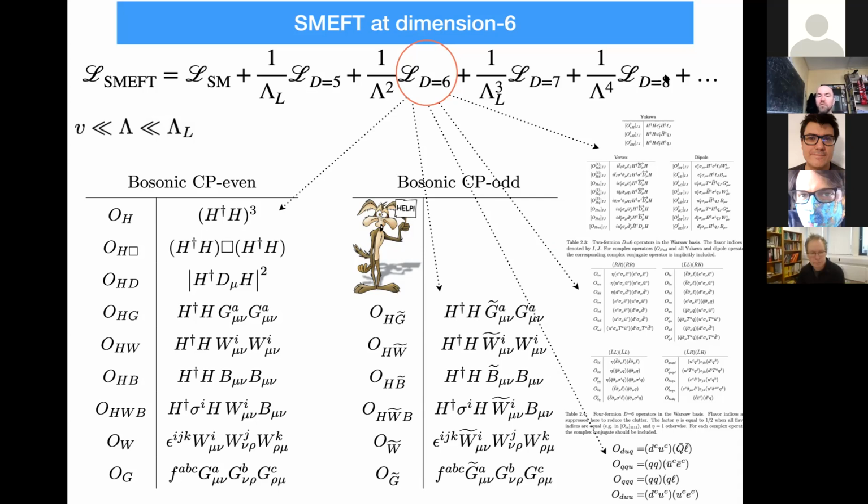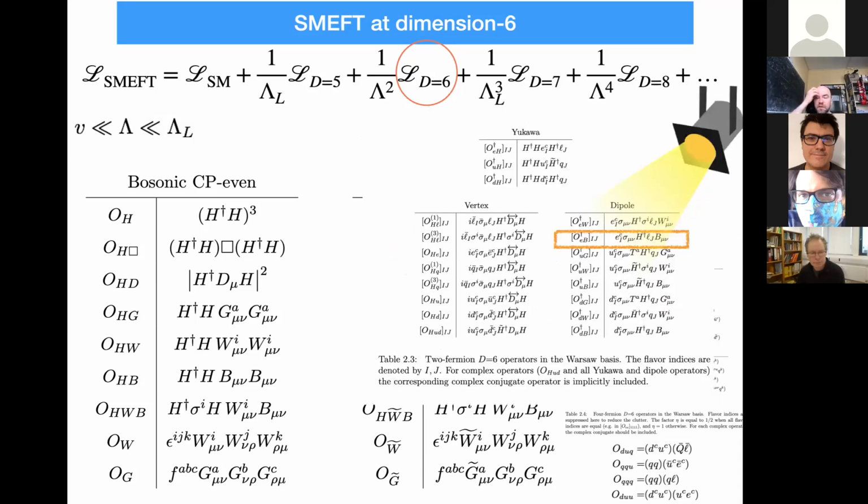I will not be able to tell you about all of it, so I will just make some selection of the highlights. But let me give you some spotlight. So first, maybe something that is closer to your heart. So the dipole moments. In this dimension 6 Lagrangian, some class of these dimension 6 operators are the dipole operators.